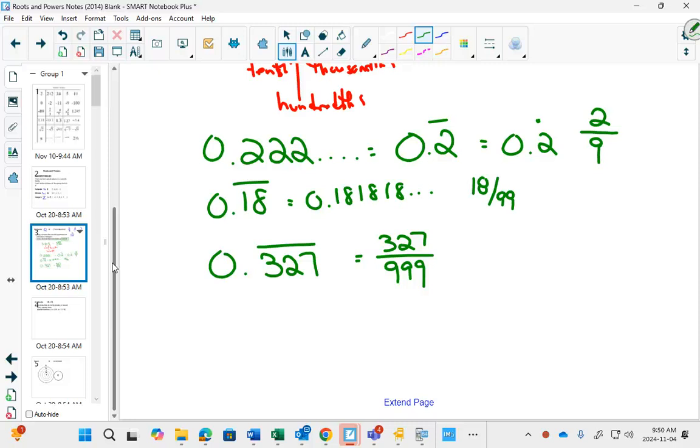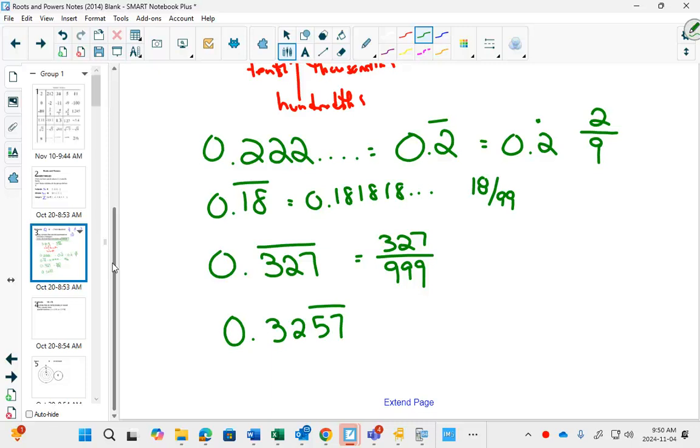And then what you can do is, this is where it gets a little bit fun. Let's say I had something like this. 0.3257, but the 57 only started there. How would we do that?